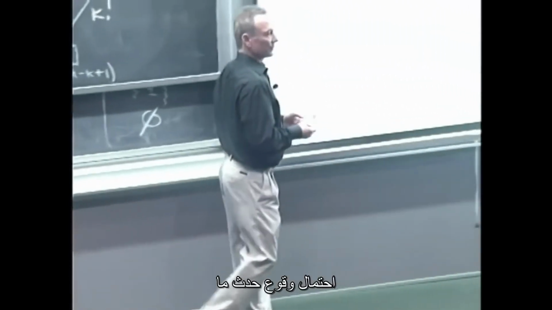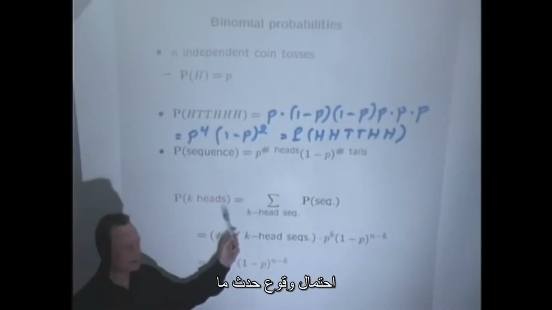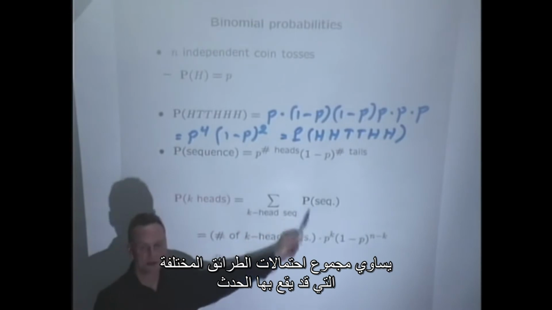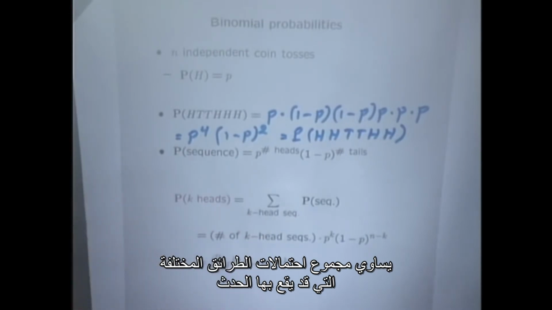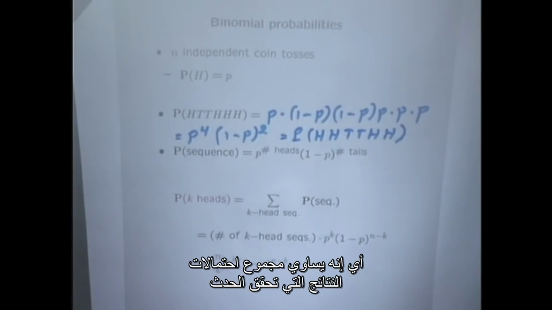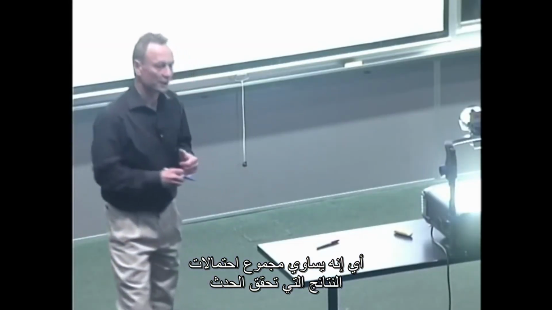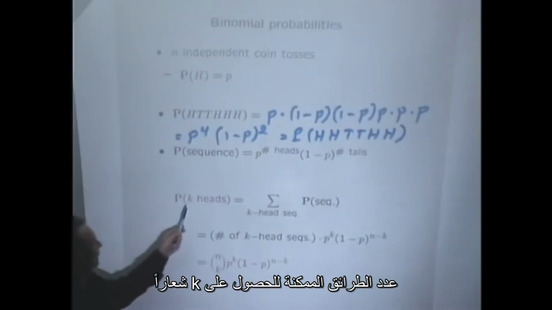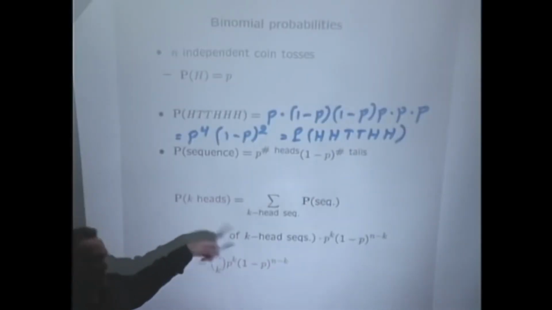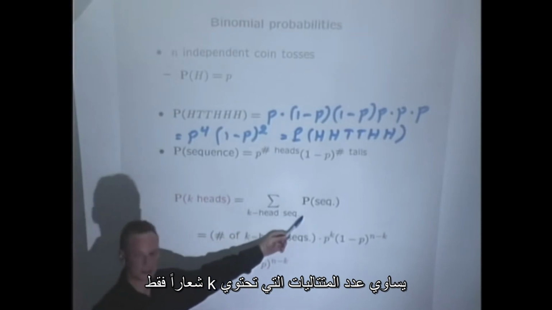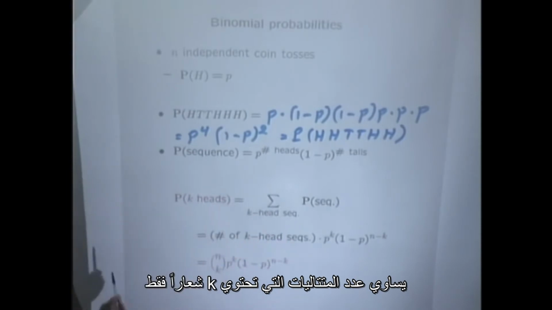So the probability of an event taking place is the sum of the probabilities of all the individual ways that the event can occur. So it's the sum of the probabilities of all the outcomes that make the event happen. The different ways that we can obtain k heads are the different sequences that contain exactly k heads.